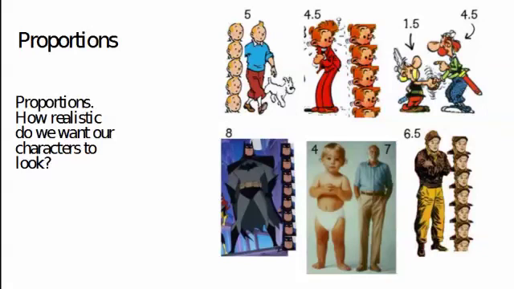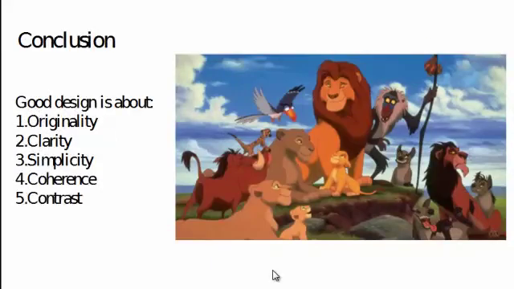The more childlike you make the proportions, the more cute and appealing the character will be. The smaller you make the head, the more you make Batman feel like a superhero. So it's all a question of what you're trying to achieve and how you want the characters to feel.